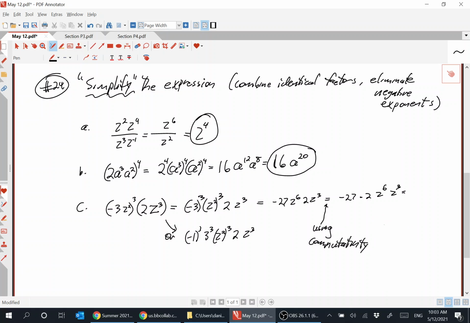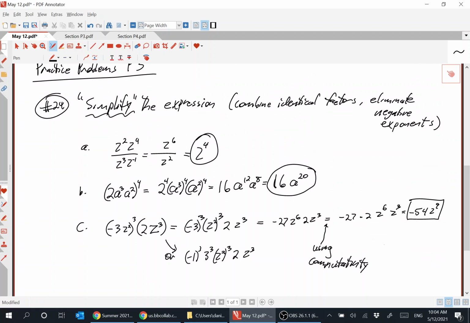Avoid the unnecessary symbols. They clutter up your expression and make it harder to work with. So that's the essence of simplify. So 27 times 2, 54, so minus 54, z to the 9th. No negative exponents. Identical factors combined. Okay.